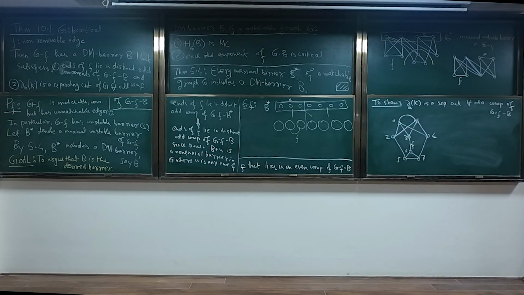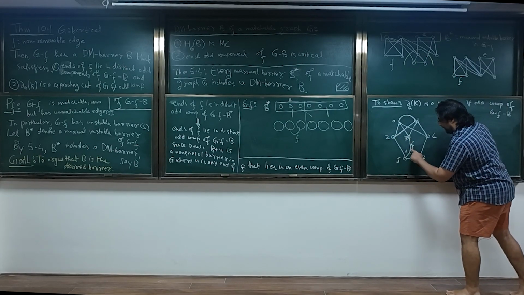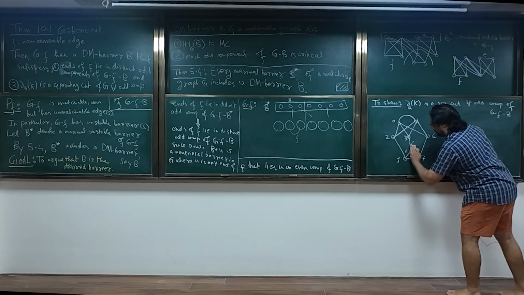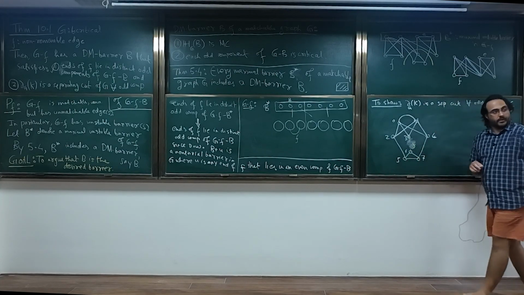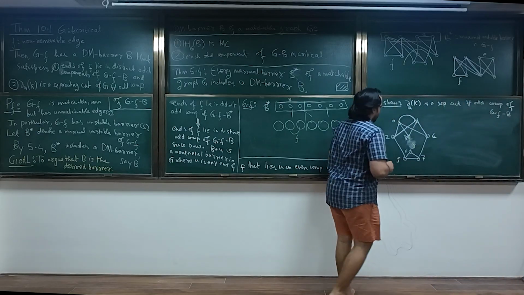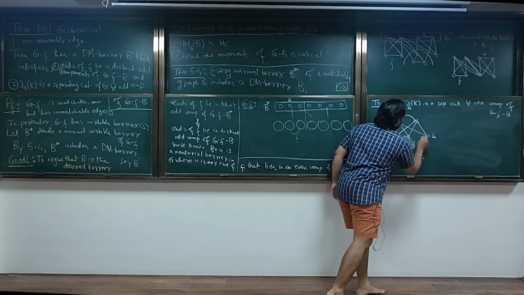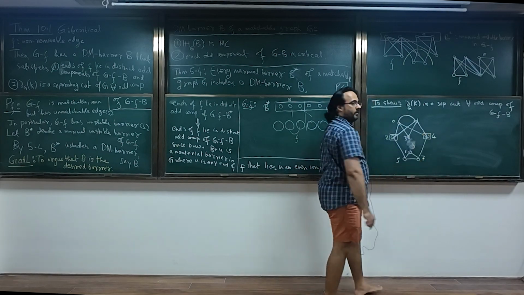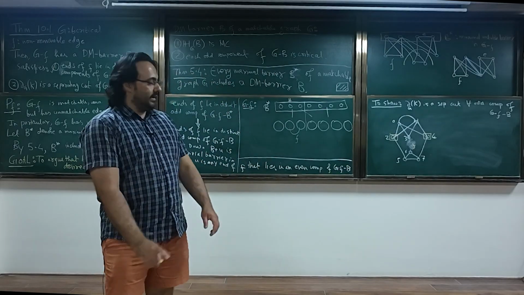And there was a point where we were considering, after deleting F, let me erase F. After deleting F, we were considering a particular barrier. If I am not mistaken, we were looking at 2, 4. Observe that 2, 4 is a barrier in G minus F.